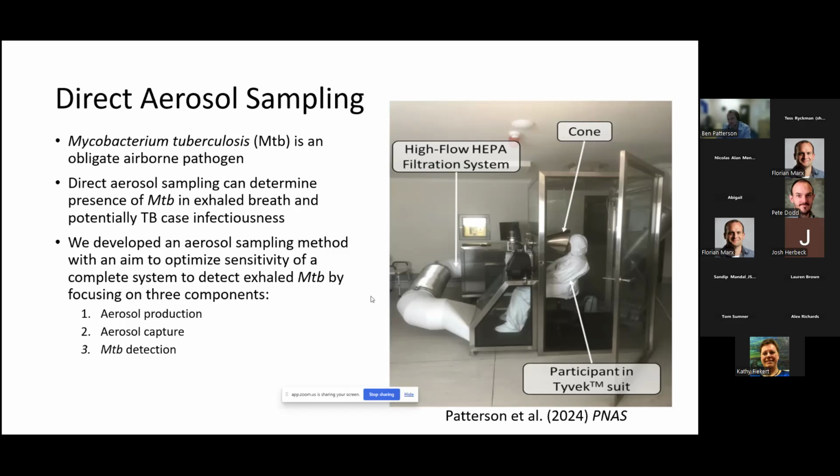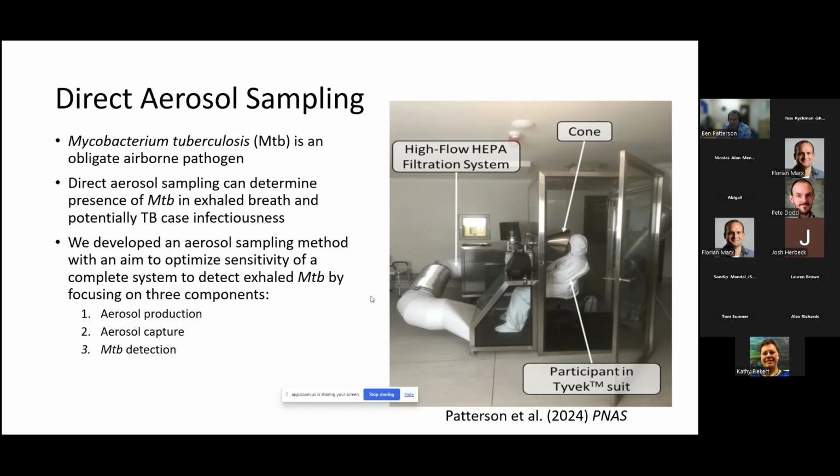Metallic, basically to reduce the amount of electrostatic precipitation, which we noted to be quite an important thing. And then they can perform breathing maneuvers of our choice. So we've experimented a little bit with different ways in which you can produce a sample.